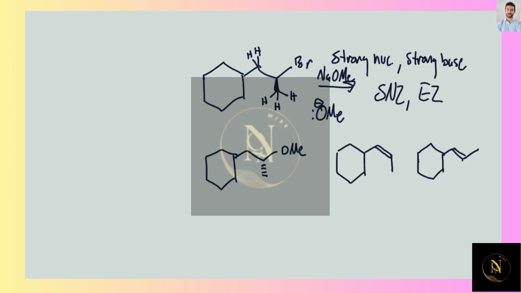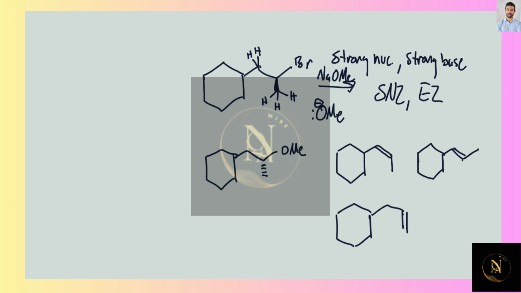And then finally, there is the E2 product when we form the double bond between the carbon which bears bromine and the terminal carbon. Like so. Okay, so these are the 4 possible products you can get upon a reaction with our secondary bromoalkane and sodium methoxide.